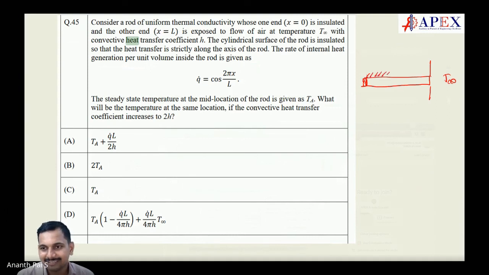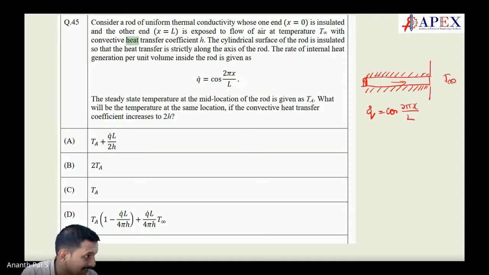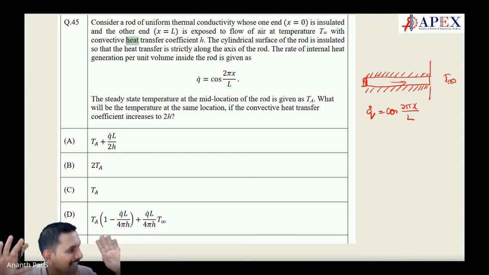Now, the cylindrical surface is insulated so that the heat transfer is strictly across the end surface. The rate of internal heat generation inside the volume of the rod is given as q dot equal to cos of 2 pi x by L. It's an easy question, but you should be in that calm mind.